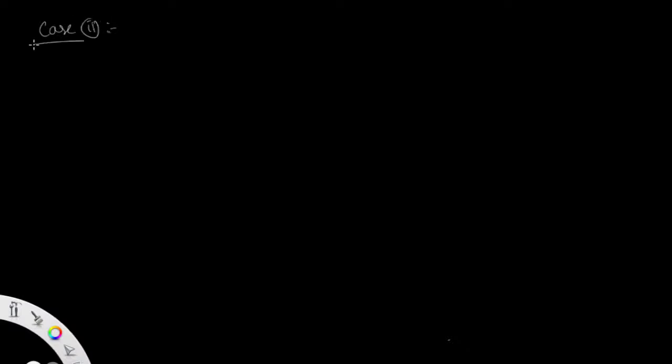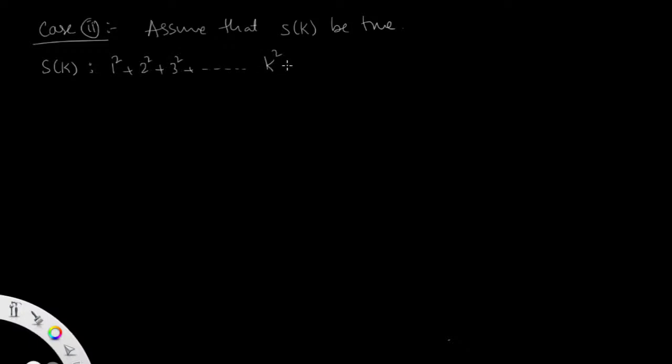That is the hypothesis step, assume that S of k be true. Therefore S of k such that 1 square plus 2 square plus 3 square going on, in the place of n you write k square, that is k into k plus 1 into 2k plus 1 divided by 6.